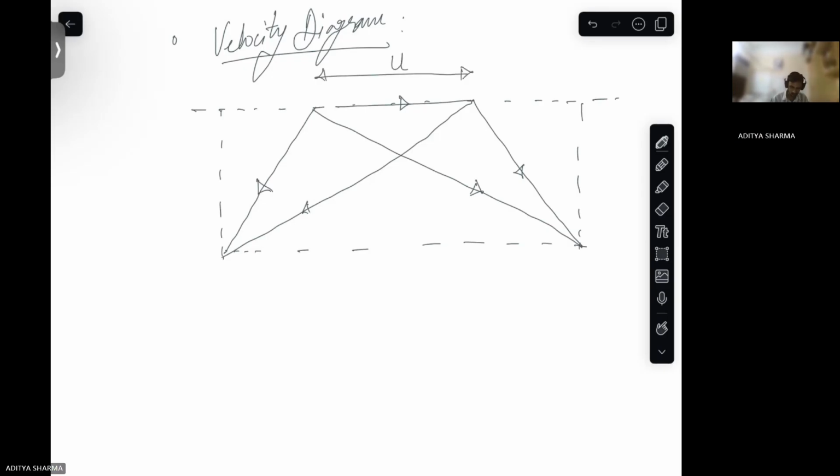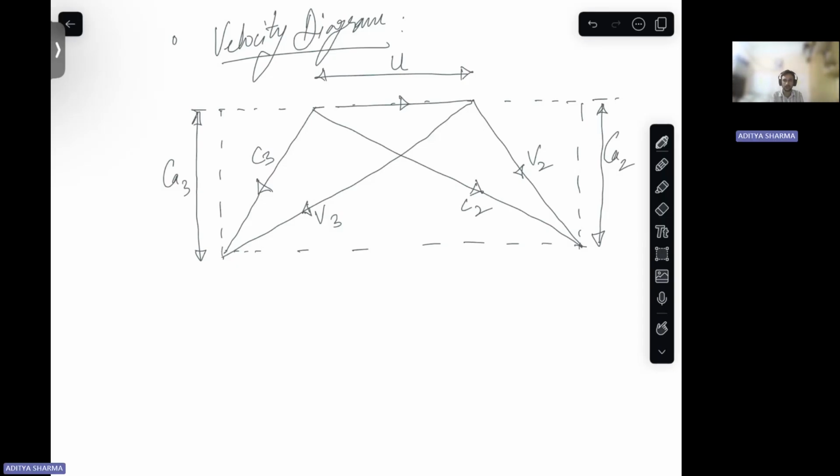This is the blade velocity U. This is V2, C2. This is C3, V3. This is axial velocity C_a3. This is axial velocity C_a2. These axial velocities are the same across the rotor blade in an axial flow turbine.